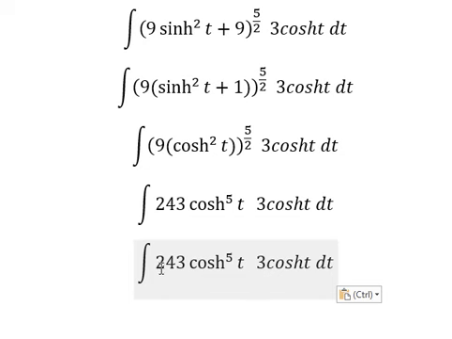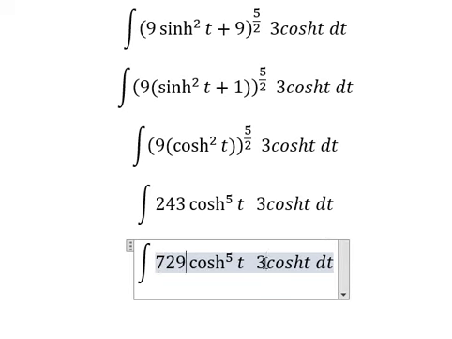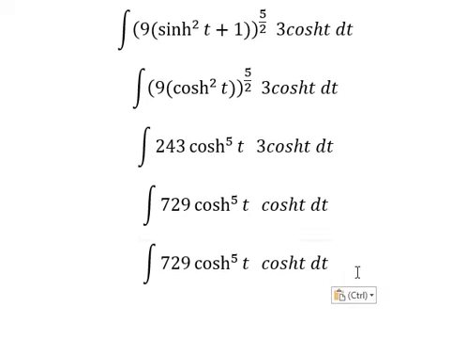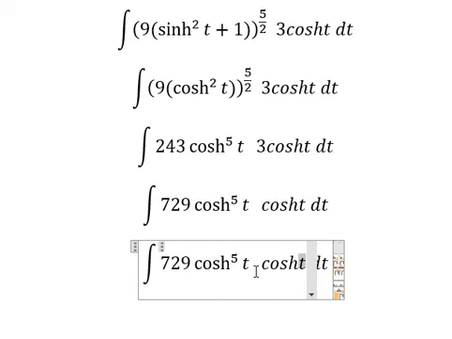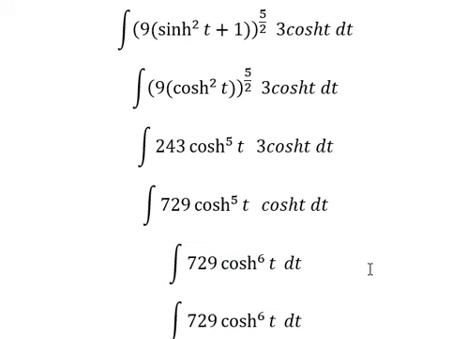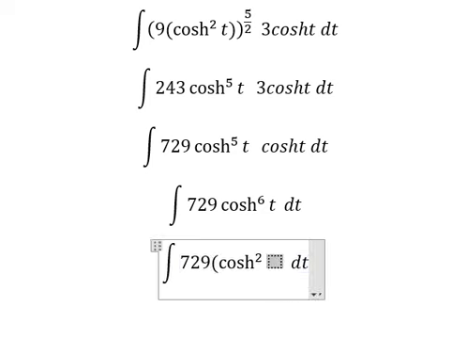So 3 multiplied by this one, we have 729. So cosh t and cosh t, we have cosh t to the power of 6. So this one we can put like this.